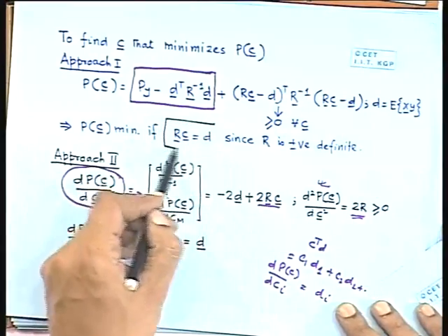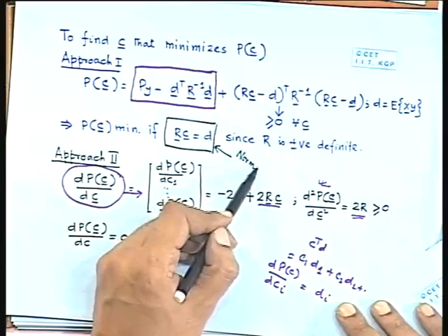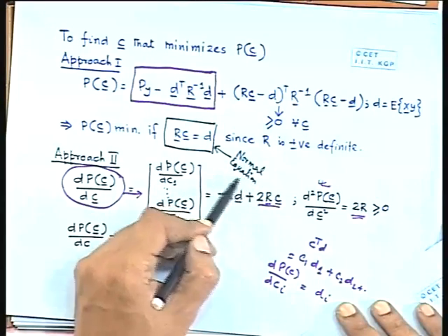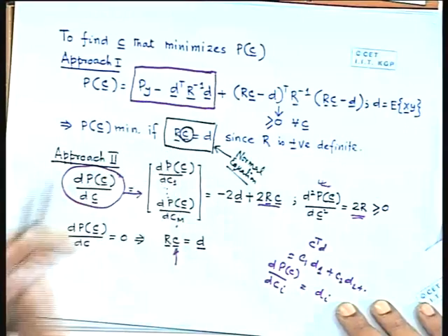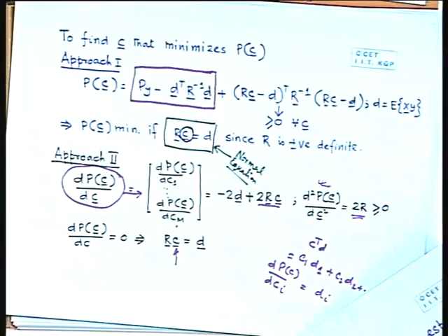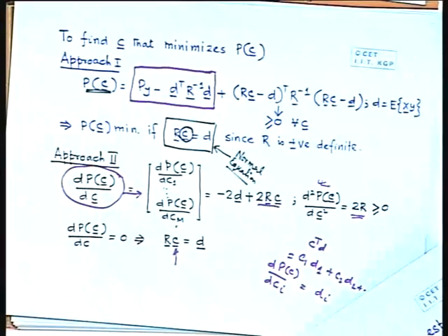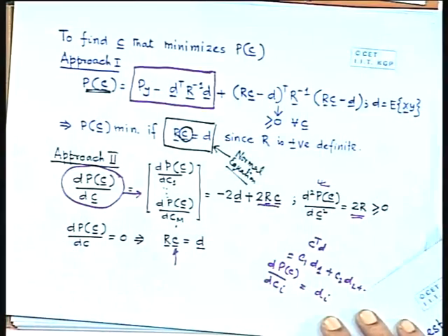This is sometimes called the normal equation, which you have to solve if you want to get the optimal weight C. Then you will get the minimum value of this performance criterion. Very simple. You can obtain it by just casting it like this, or you can obtain it by differentiating. Either way it is okay.